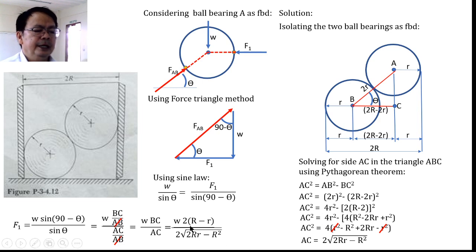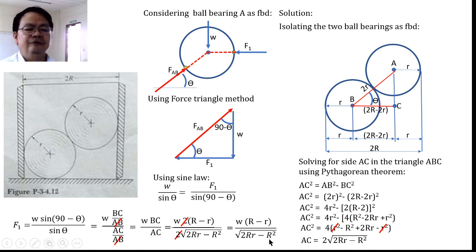You will notice here that 2 will cancel, diba? So that this can be simplified to be W times the capital R, or the radius of the cylinder, minus the radius of the ball bearing divided by the square root of twice the product of the radius of the cylinder and the ball bearing minus the square of the radius of the cylinder.